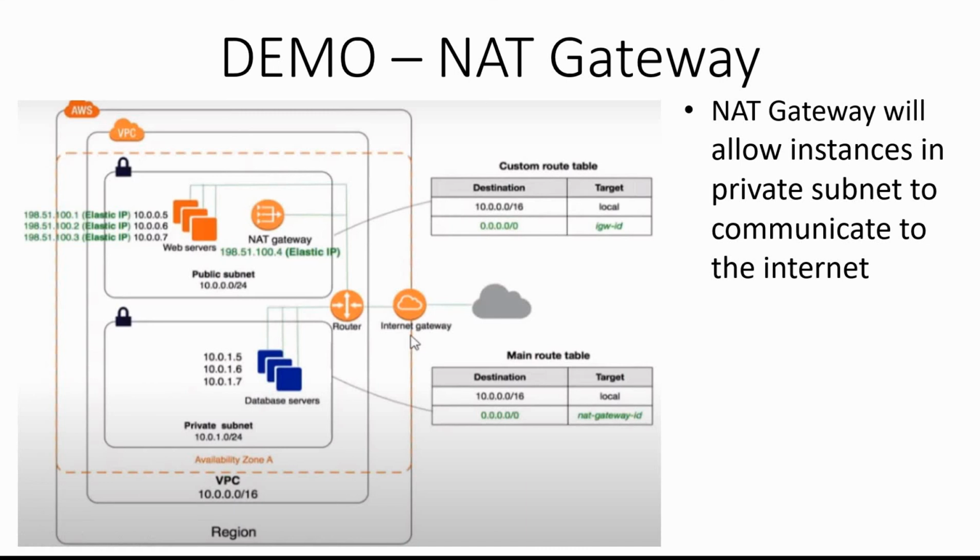Then you bisect it into smaller networks, maybe one for testing, one for QA, and one for deployment. Each one can be 10.0.1, 10.0.2, and so on. So you create the subnets, and each one of them is a silo by itself.